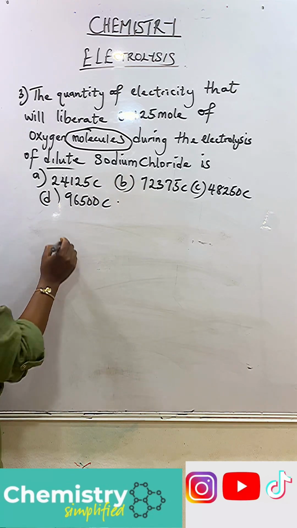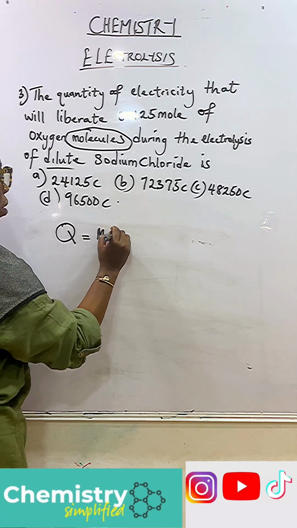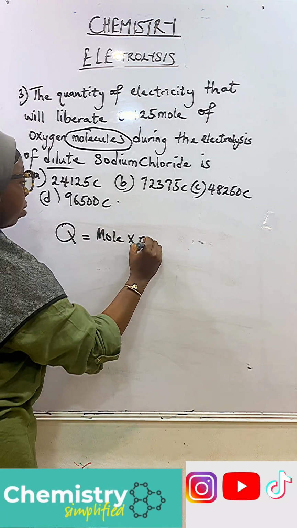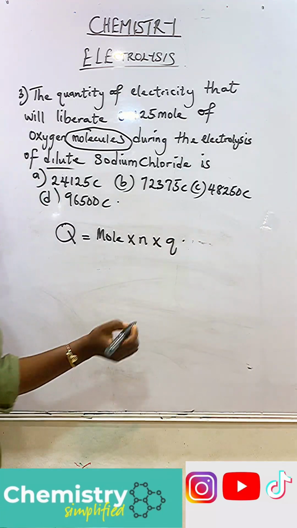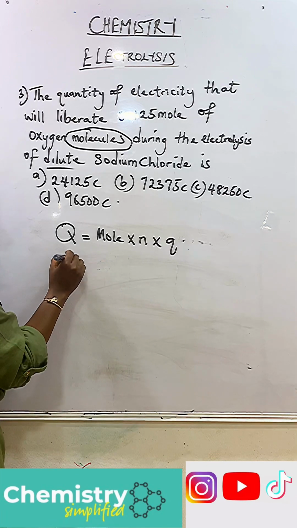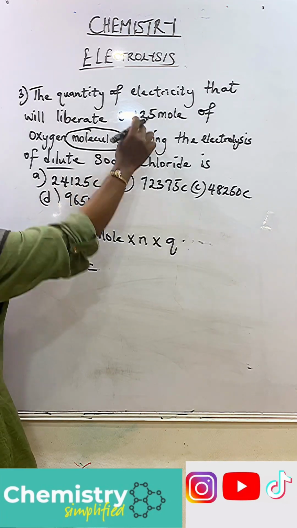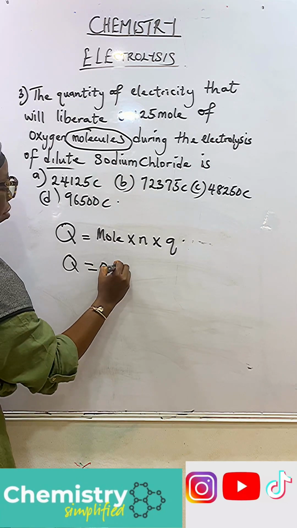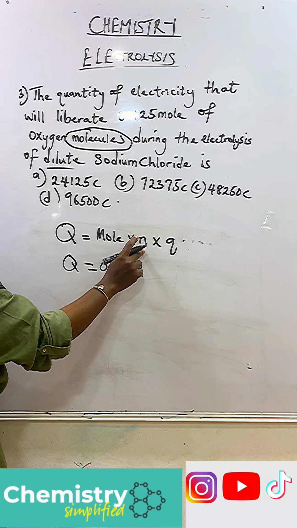Now let's write the formula again. The formula is Q equals mole multiplied by number of charges multiplied by Faraday constant. So my Q is going to be 0.125, our number of moles, multiplied by my number of charges.